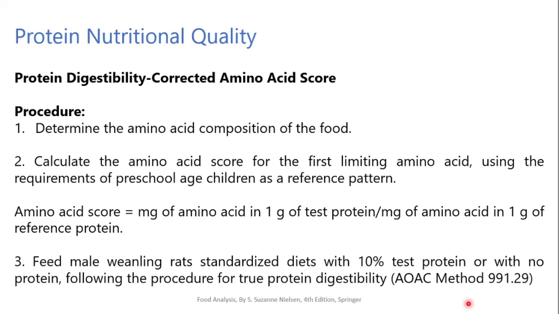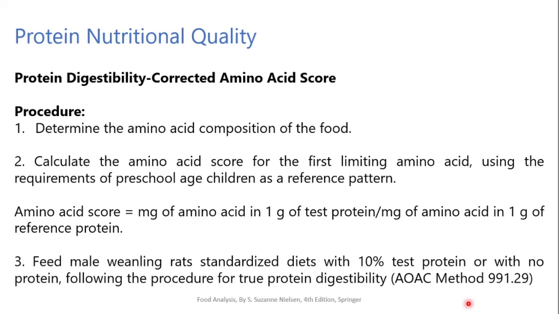So here we have to take the particular protein diet. We have to consider weanling rats, that is a particular rat species, and provide the diets with 10% test protein. We have already found out the amino acid score, so that 10% test protein is provided to the rats.